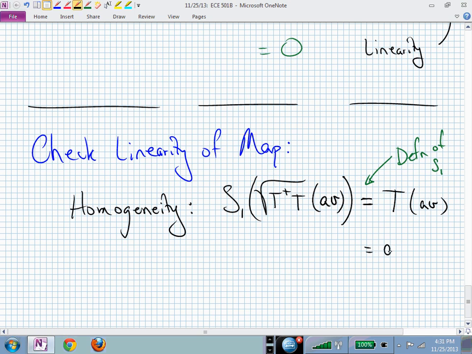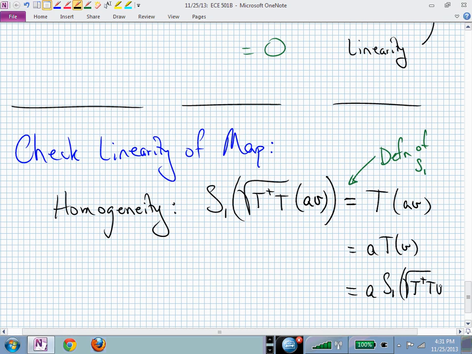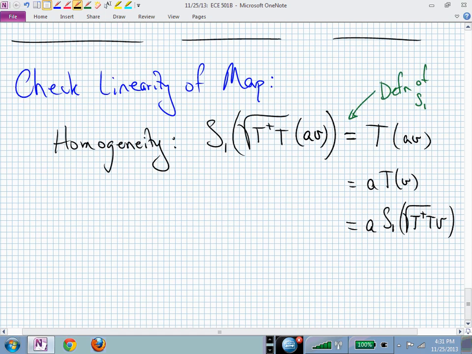So this is now A, T, V by the linearity property of T. But now use the definition of S1 again on TV, and now we have A, S1 of this positive square root of T dagger T, V. And that's now showing homogeneity of S1.